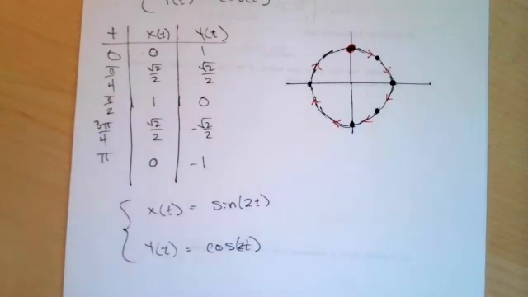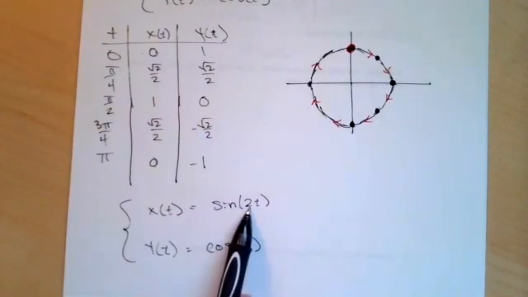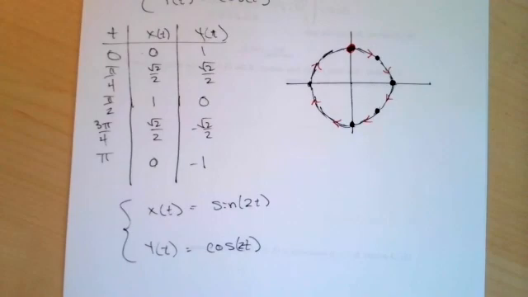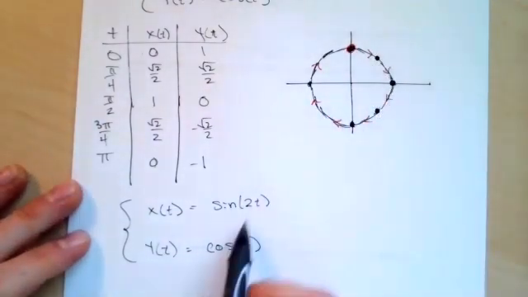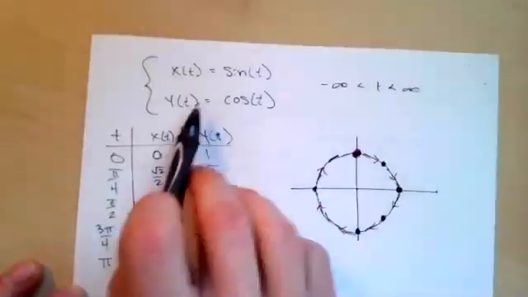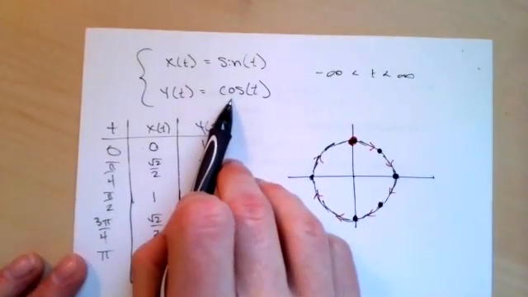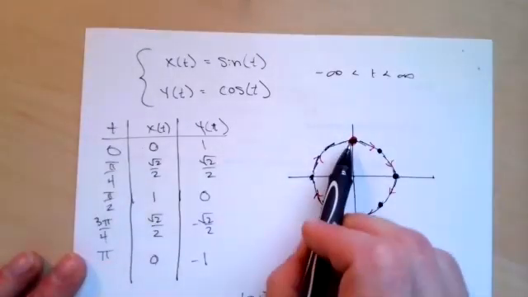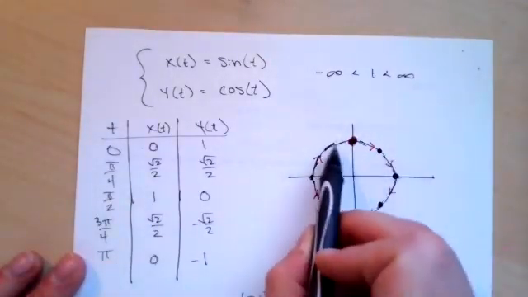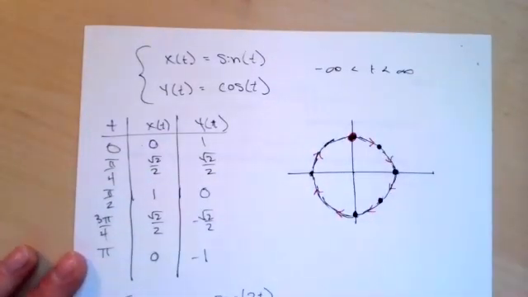So the overall shape is going to be the same. We're still going to get a circle. But what's going to happen with this is, in some sense, it's almost going to make time look like it's moving twice as fast. In other words, we're going to be moving around the circle twice as fast as we would with this parametrization. So velocity is going to give us a direction of travel as well as a speed of how fast we're moving.